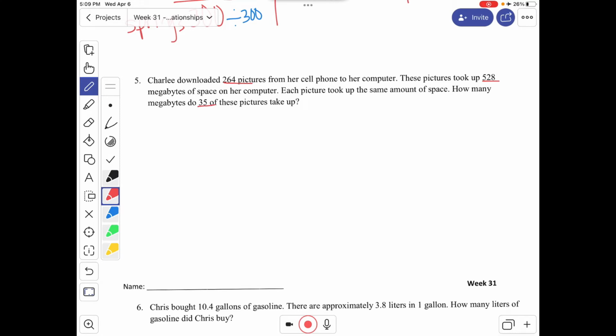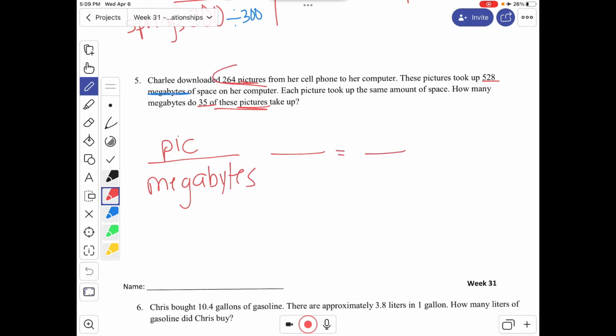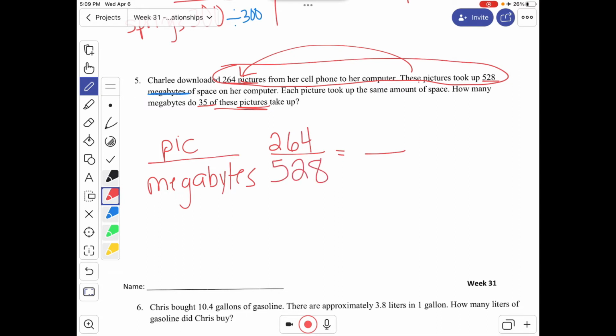3 numbers, guys. And we're talking about pictures and megabytes. So pictures and megabytes. And I can set up a proportion. The rate is actually in 2 sentences this time, but it says these pictures and it's referring to that number there. 264 pictures, 528 megabytes.